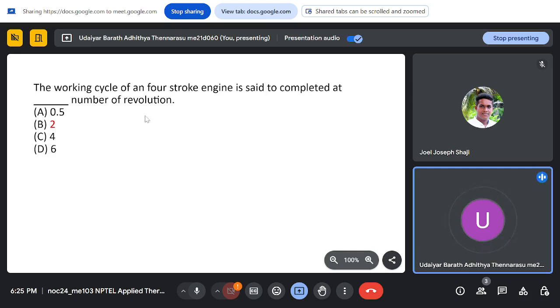Because you have those 4 processes which are happening at the half revolutions, it takes 2 revolutions to complete a cycle, and out of those 4 processes you have one working stroke. So the cycle completes in every 2 revolutions. So answer is option B, 2.